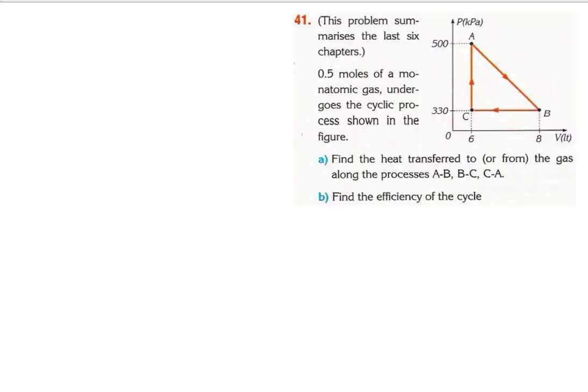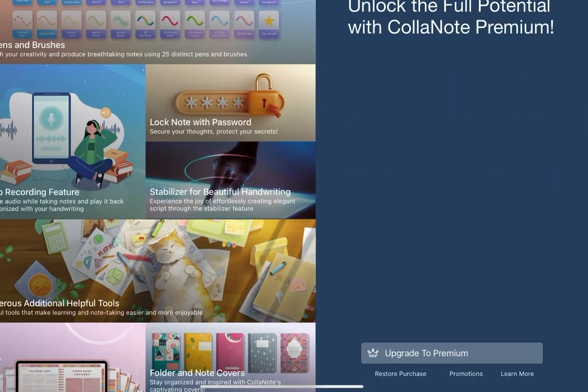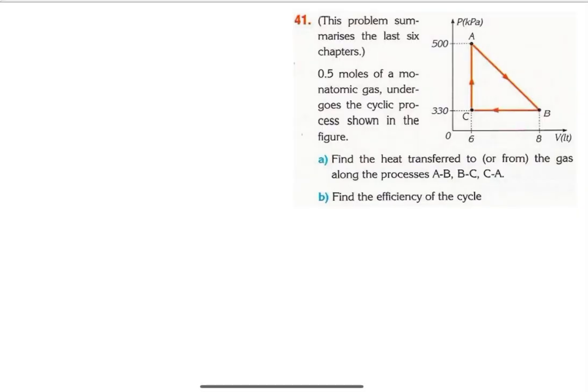Question 41. So it says this problem summarizes the last 6 chapters. 0.5 moles of monoatomic gas undergoes the cyclic process shown in a figure. Find the heat transferred to or from the gas along the processes AB, BC, CA. And we have to find the efficiency of the cycle.